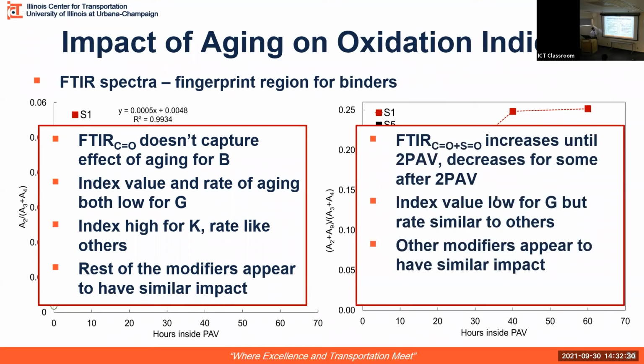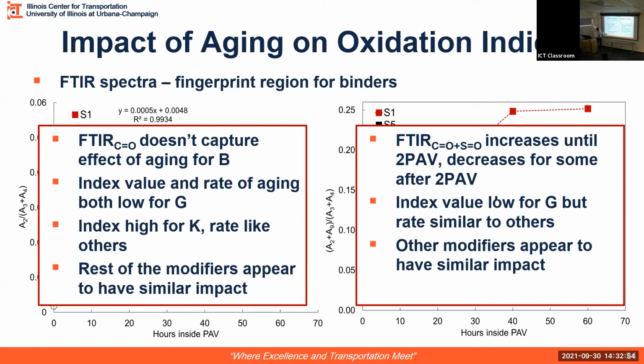Same with the carbonyl and sulfoxide group. However, there was a decrease after 2 PAV. So maybe we need to consider that after 2 PAV, it either becomes flat or decreases because there's not enough sulfoxide, if we are planning to use this as a qualitative measure to evaluate aging. Again, the index value for G was low and the rate was also low.